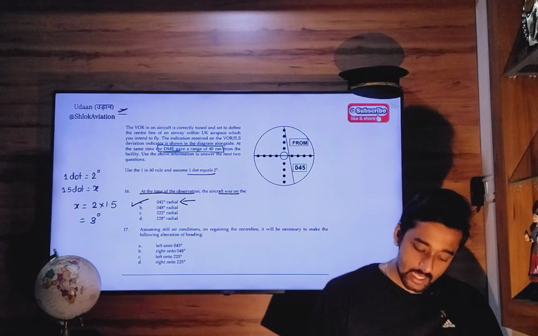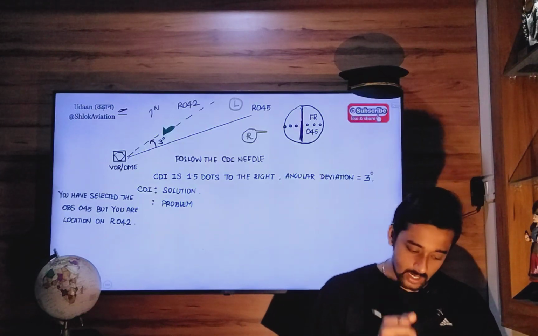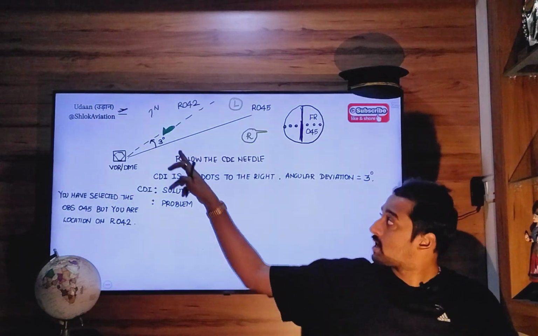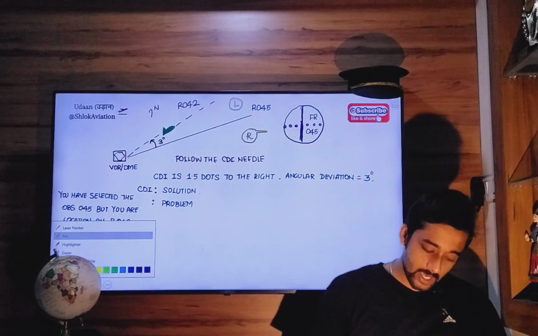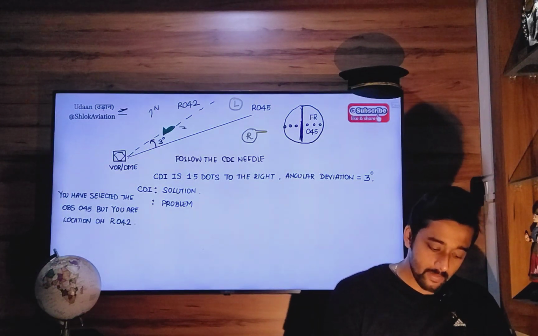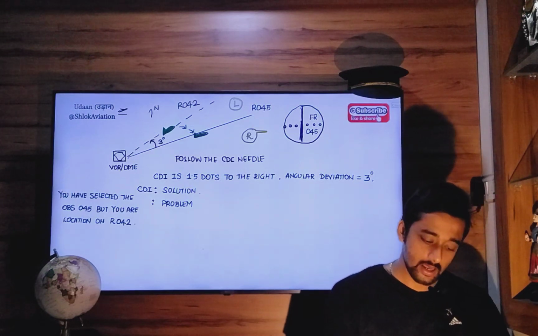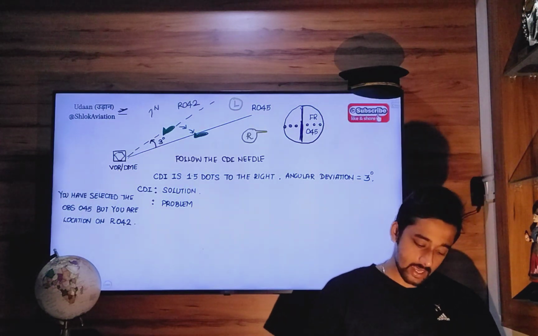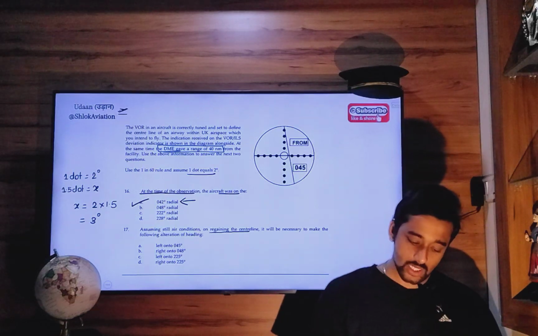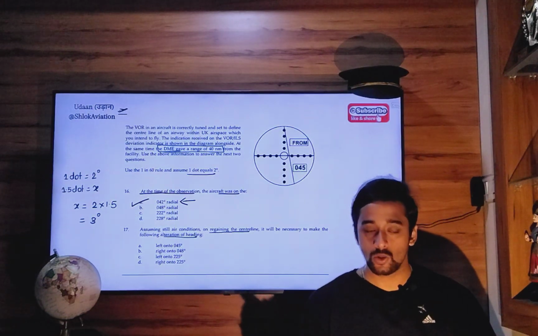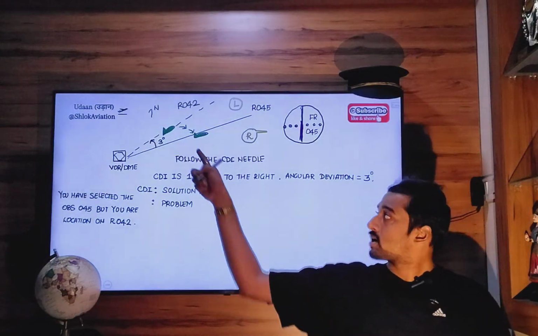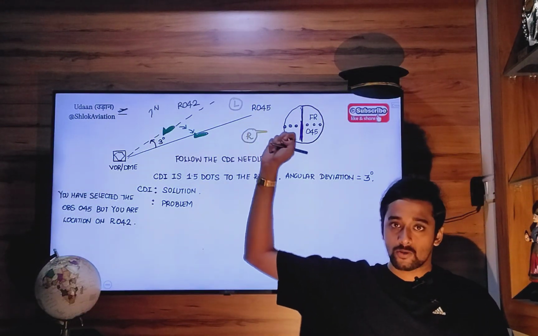On regaining the centre line, that means from this current position, you come back to your original radial where you are expected to be. You come back here, on this radial. So when you come back to this radial, what alteration of heading must you do in order to continue on that radial outbound?